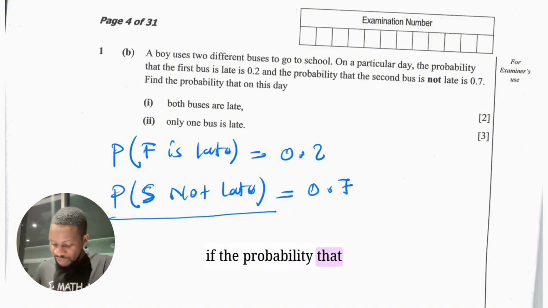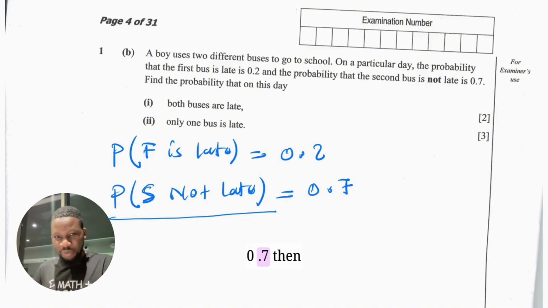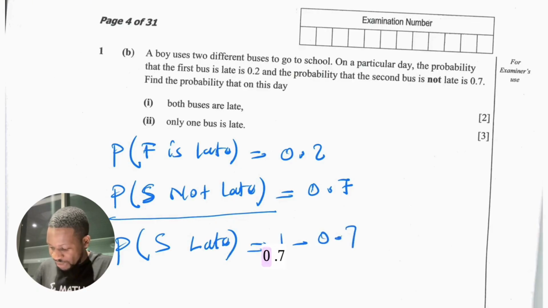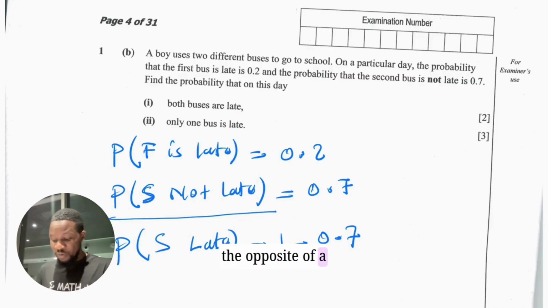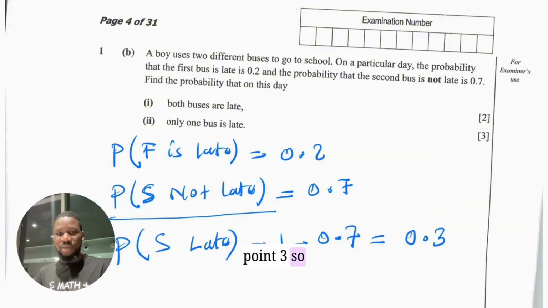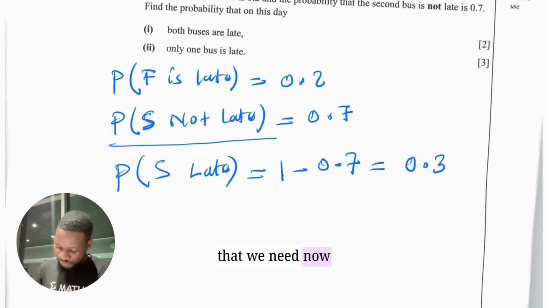So if the probability that the bus is not late is 0.7, then the probability that S is late would just be 1 minus 0.7. So the opposite of a bus not being late is a bus being late. If not late is 0.7, then late is 1 minus 0.7, which is 0.3.